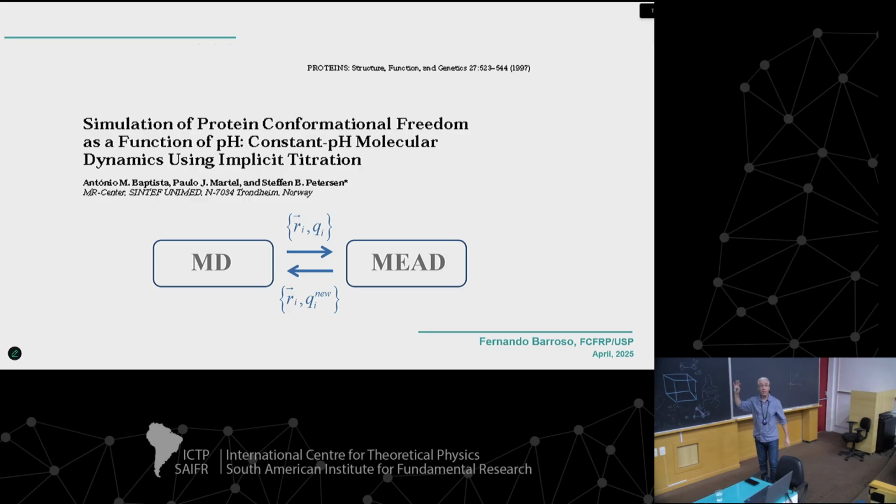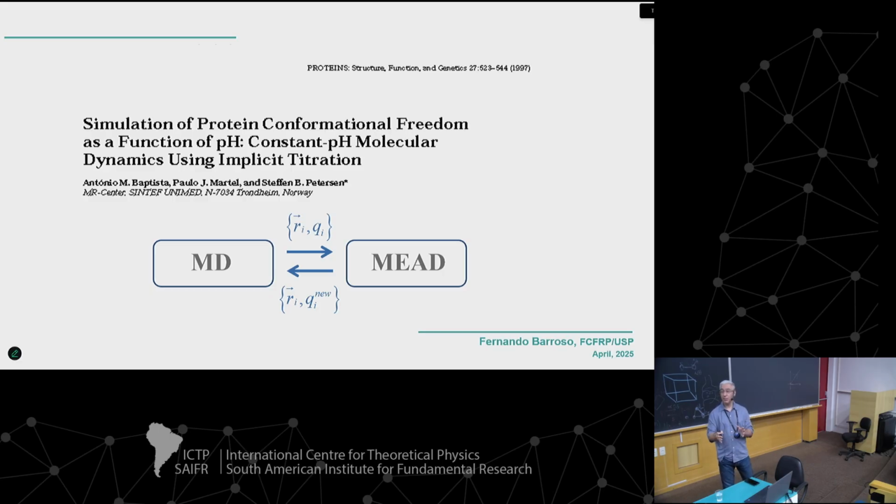So this is what they started. Actually, for me, it's one of the most important works to establish this coupling. There are, of course, things that we can discuss here that can be critical sometimes, or things that we often pretend are not there. For instance, when you do this coupling, you are assuming that the force field that you have here, which was parameterized using, more often than not, physiological conditions, should have the same parameters if you change the pH.